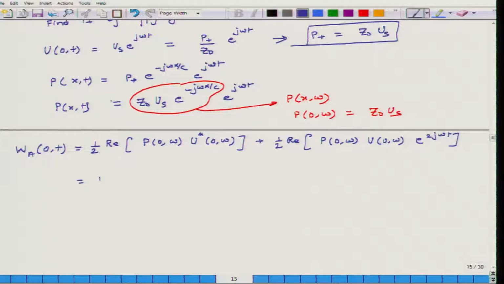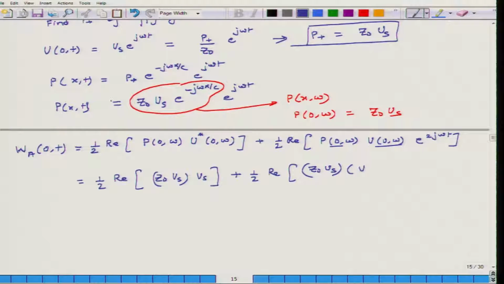So, this is equal to half of the real part of z naught u_s, and u star is again u_s, plus half of the real part of P at 0, omega, which is z naught u_s, and this is again u_s e^(j omega t).